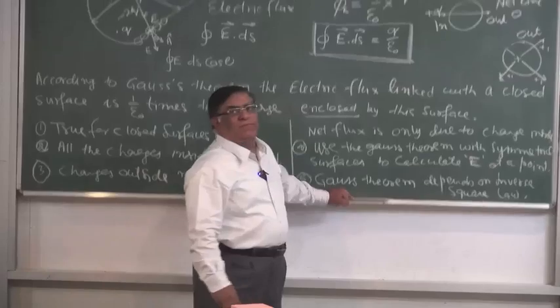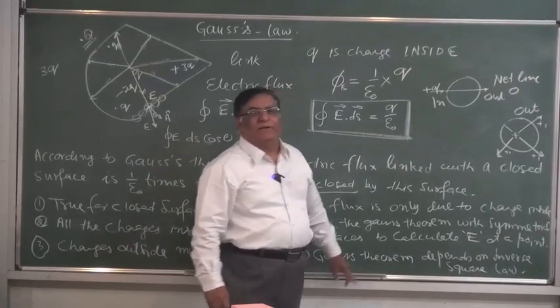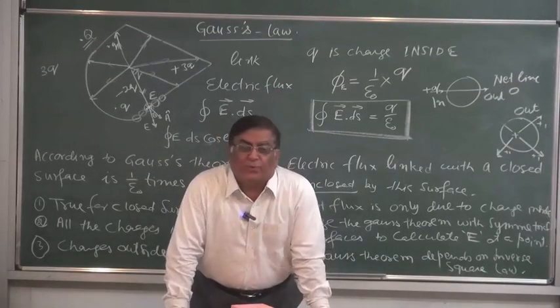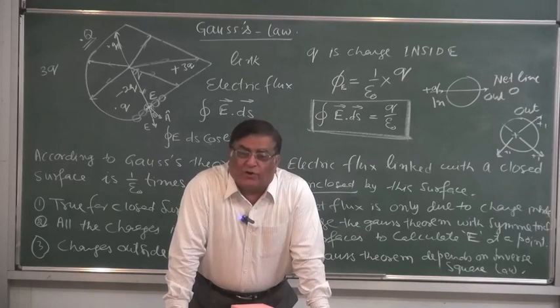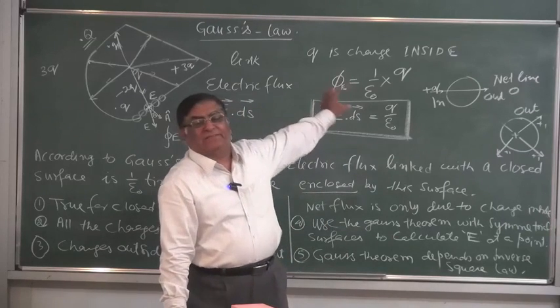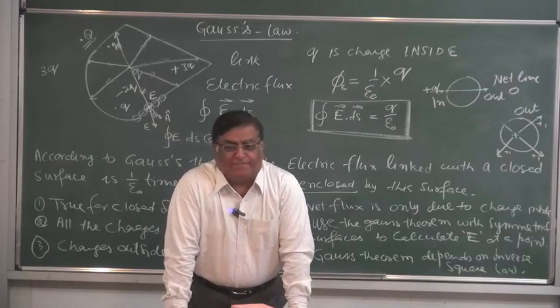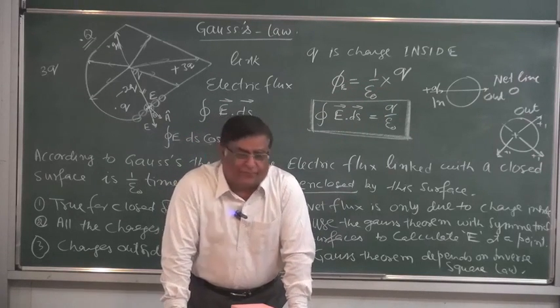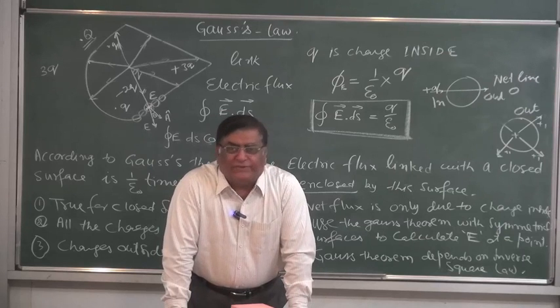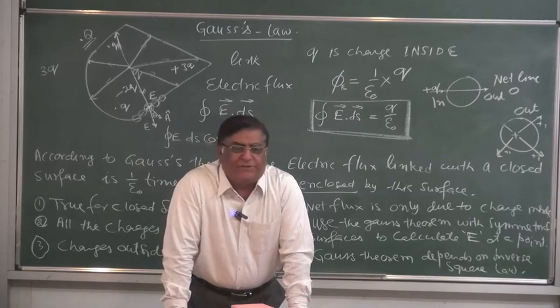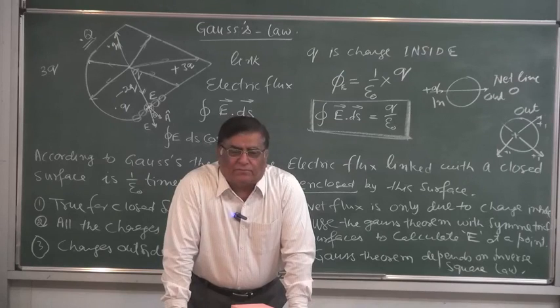If Coulomb's law or the electric field is not an inverse square law, then the Gauss theorem will not be of this particular shape, of this particular quantity. Then it would have been something different.